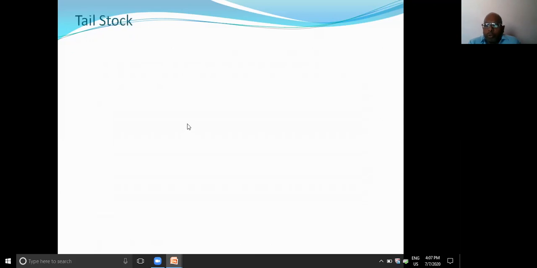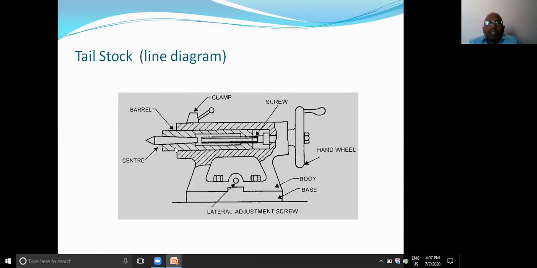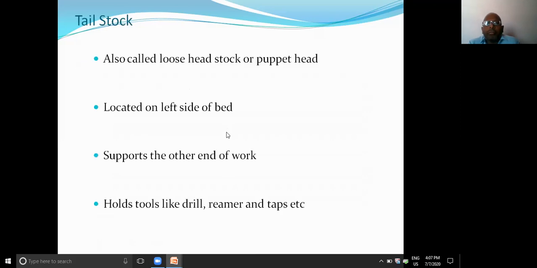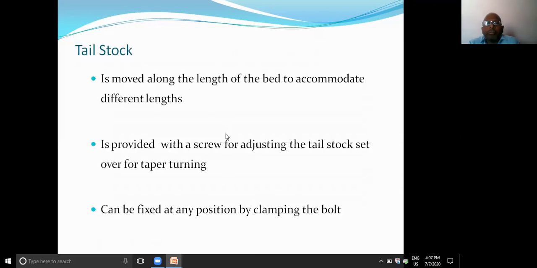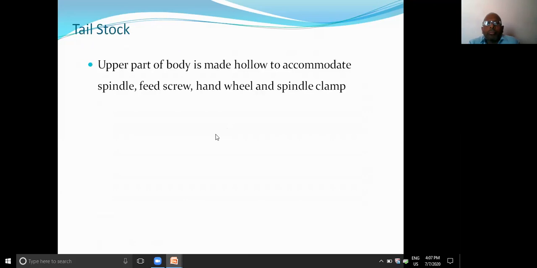Within this hollow portion, the barrel, the screw and the center are all assembled or mounted.